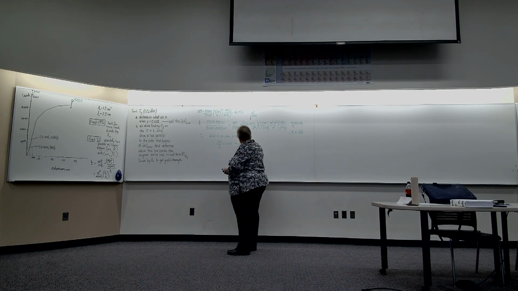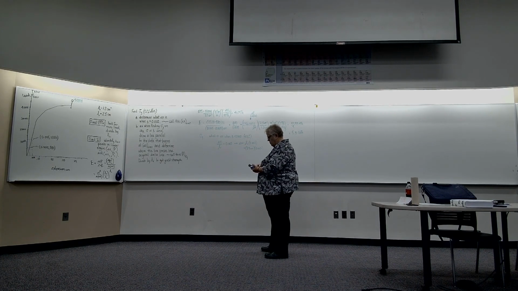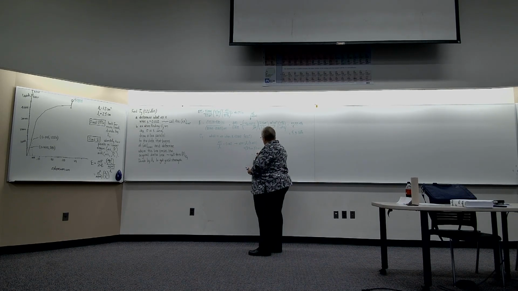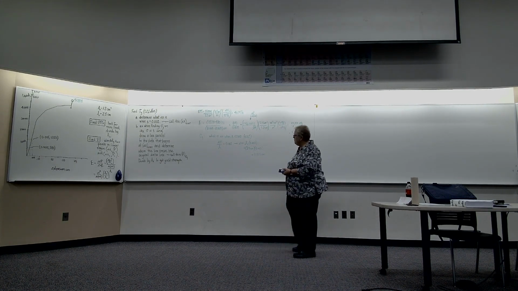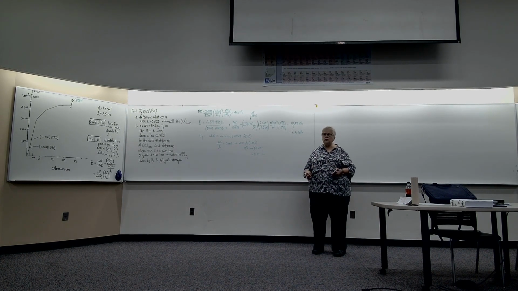So delta x would be L0 times 0.002. And L0 is 2.5. So that's 0.005. So that's the value of extension when the strain is 0.002. And I'm looking for where is the strain equal to 0.002.